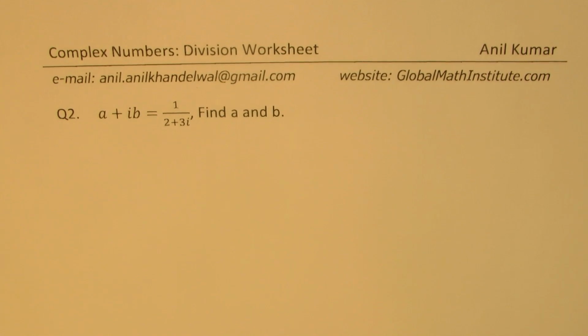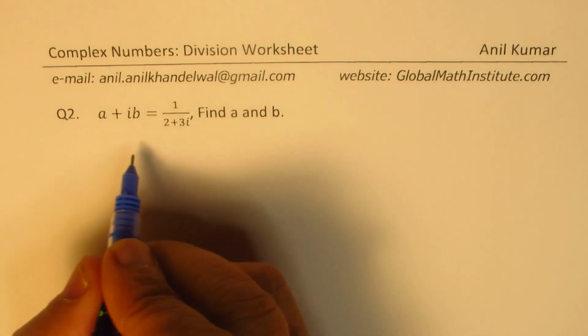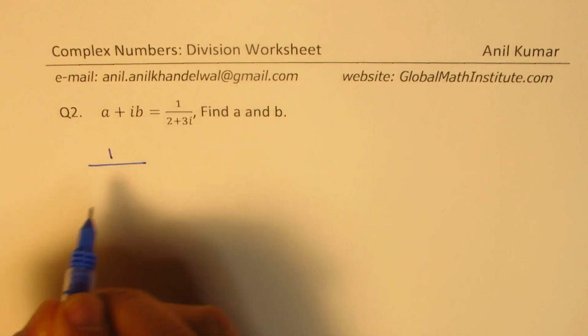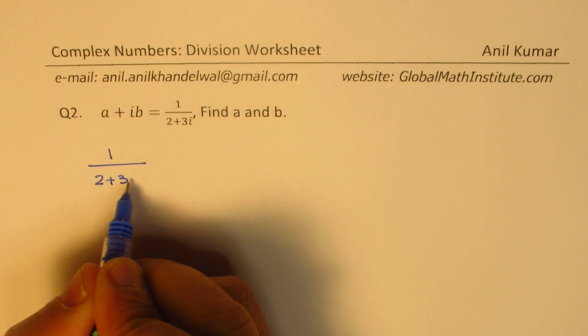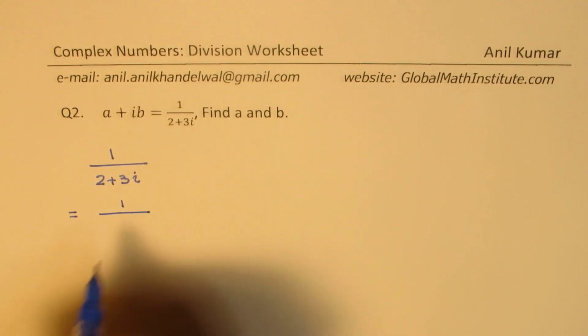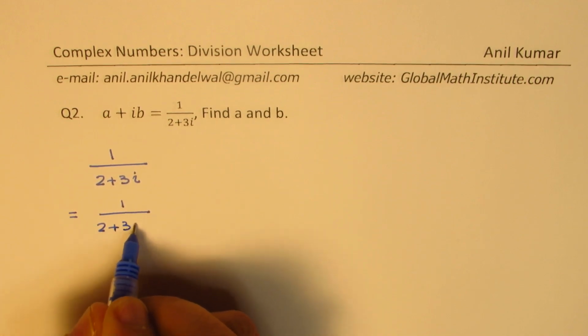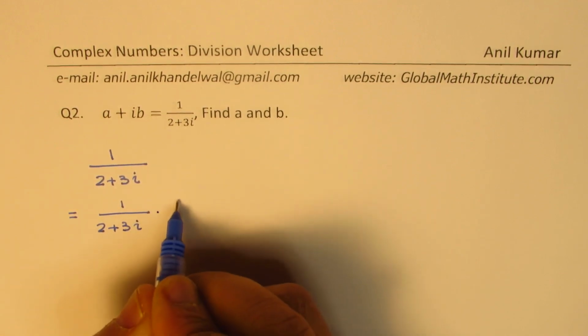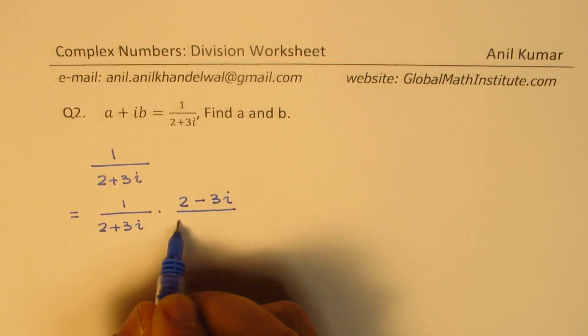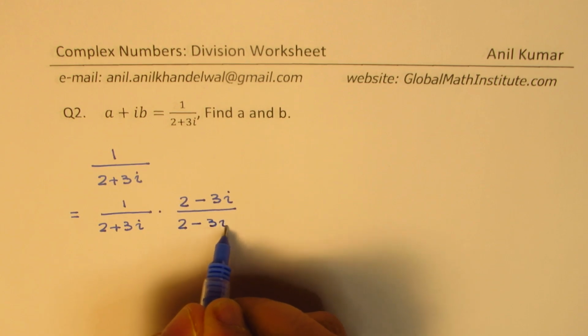Question number 2 is very similar to what we just did. So you can actually follow the same process. The only thing is we are not given a general form. So we can now write this as 1 over 2 plus 3i. We'll realize it, that is, multiply by its conjugate, which is 2 minus 3i, divided by 2 minus 3i, correct?